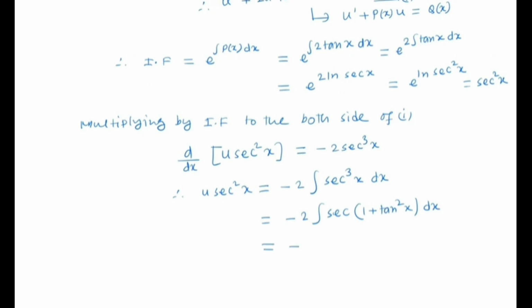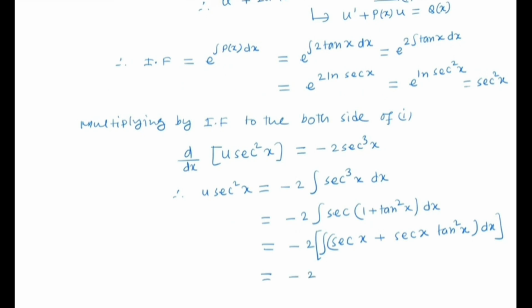So it is minus 2 integral sec x plus sec x tan square x dx.